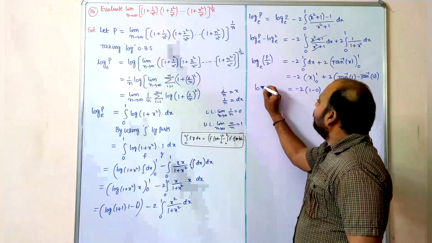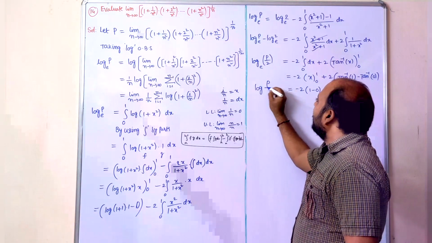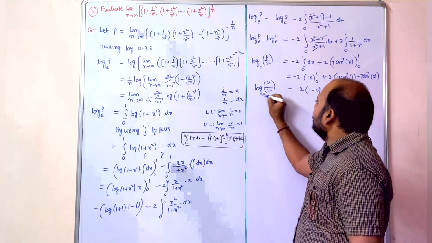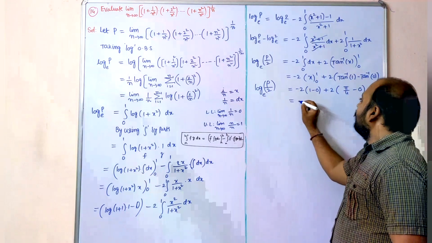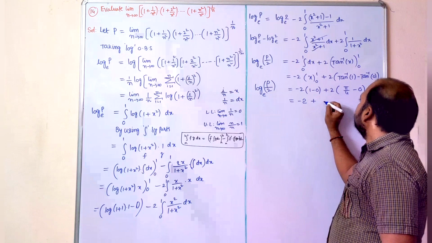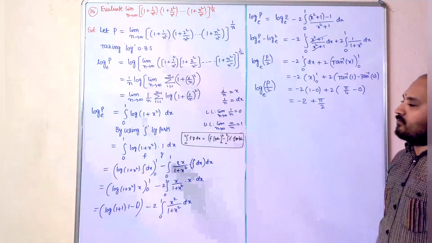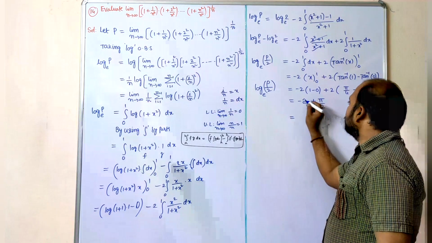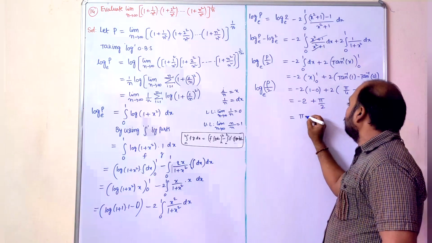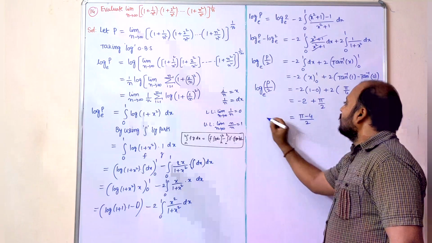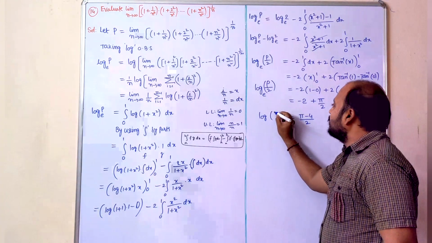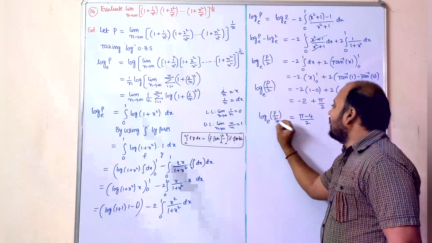So log of p by 2 to the base e is equal to minus 2 plus pi by 2. If you simplify this, it is pi minus 4 by 2. So log of p by 2 to the base e.